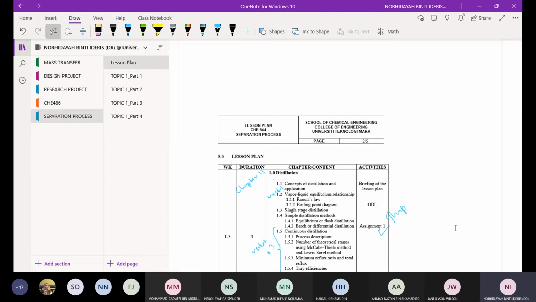Sorry, can you give me a minute? I need to check again. Yes, I'm sorry. Okay, for this separation process, I think I'm a bit confused with the mass transfer. Okay, both assignment 1 and assignment 2 are in group.